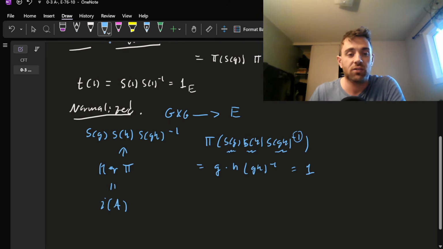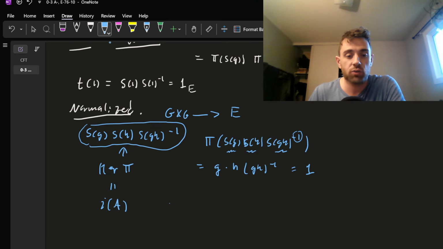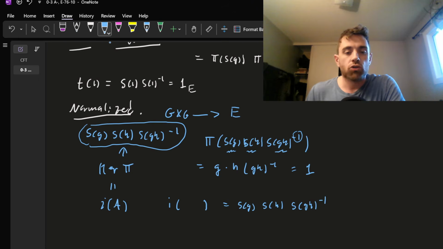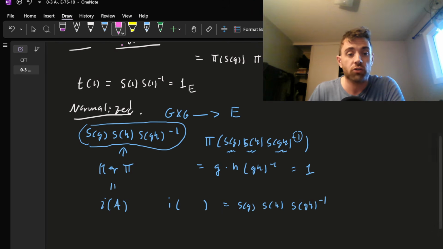That means if this is in the image of I, there has to exist some element of A where if I apply I to that element, I will get SG, SH, SGH inverse. Okay? And now this element depends on whatever choice of G and H are here.